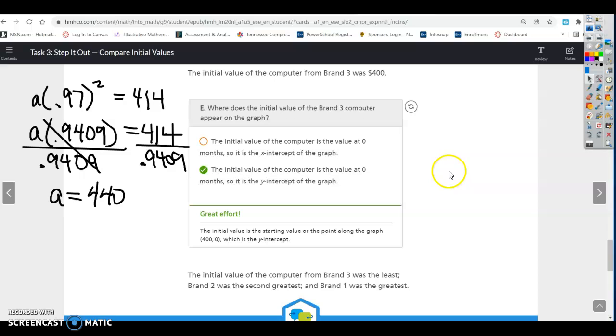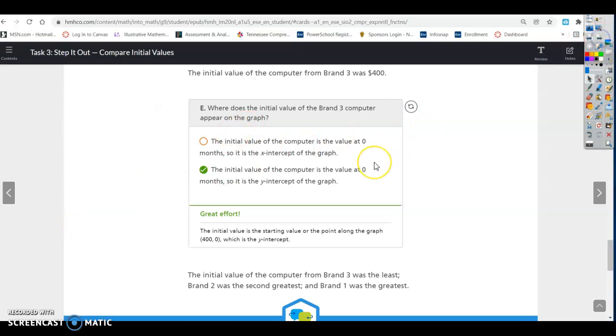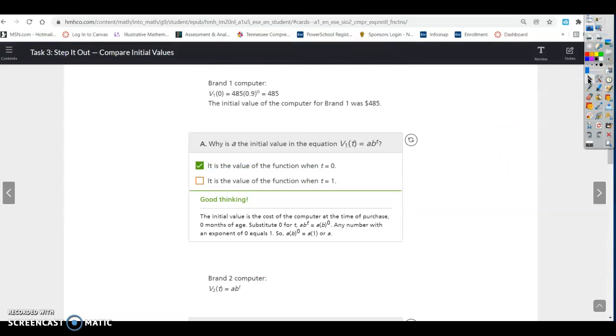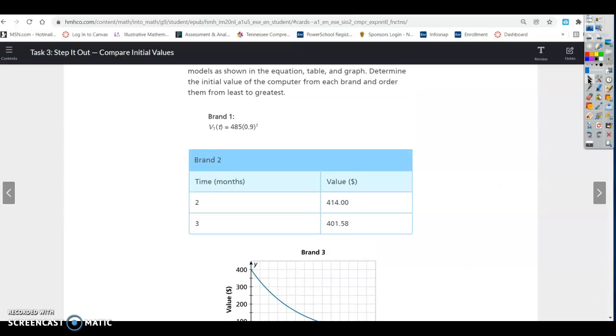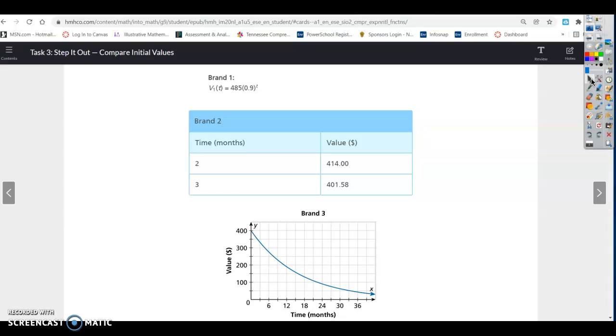That shows you the 3 different initial values. Brand 1 is 485. Brand 2 we found to be 440.